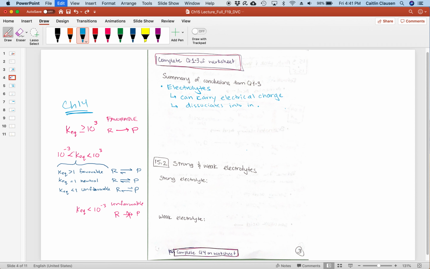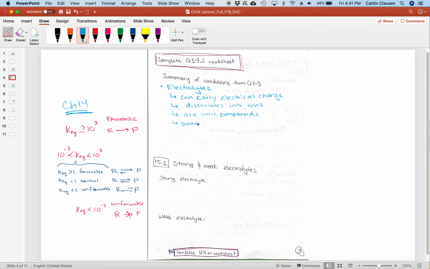Ions. We determined they are ionic compounds. And from the worksheet, we also encountered a scenario where sulfuric acid, a molecular compound, was actually able to carry electrical charge and therefore is considered an electrolyte.